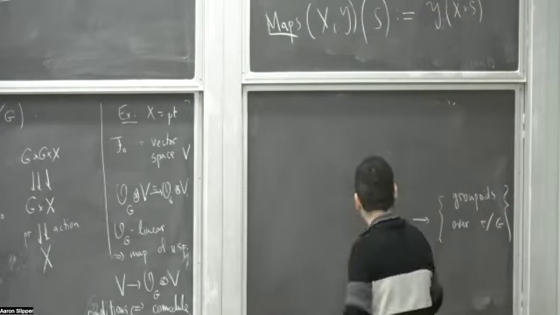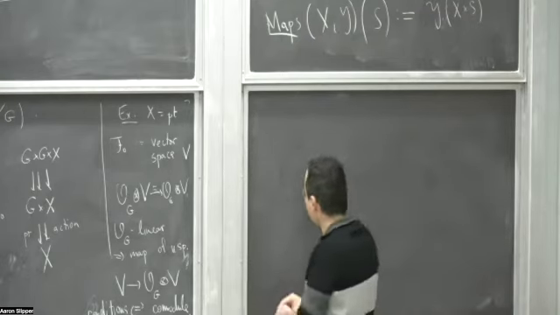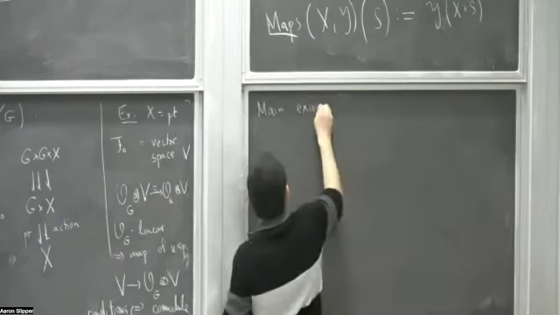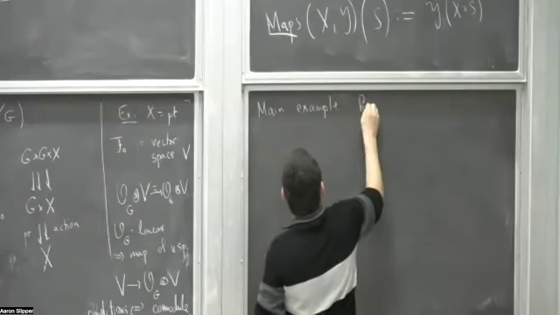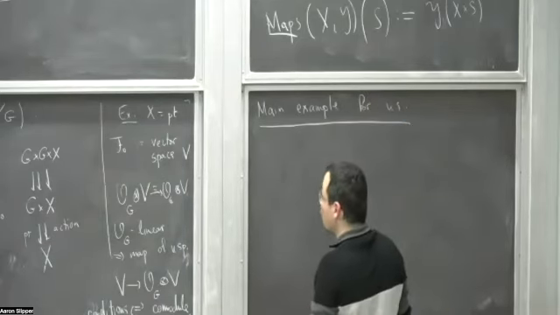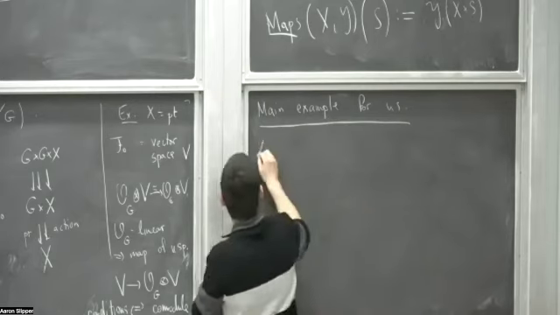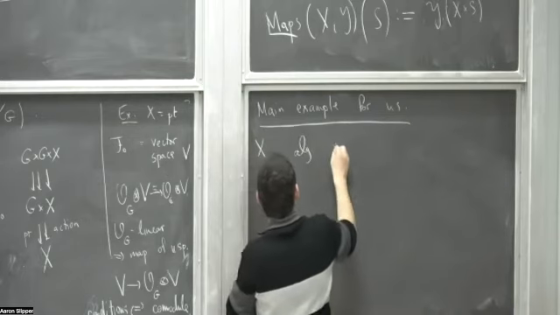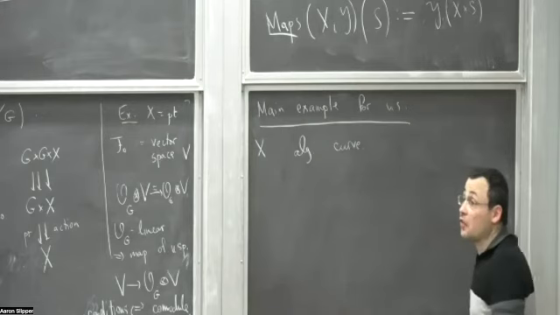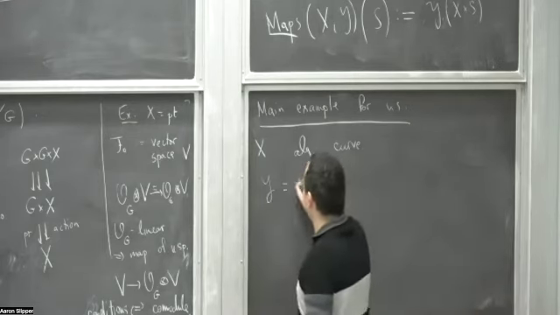So for us, the main example is where X is an algebraic curve, and the result has a lot of particularly nice features, and Y is BG.